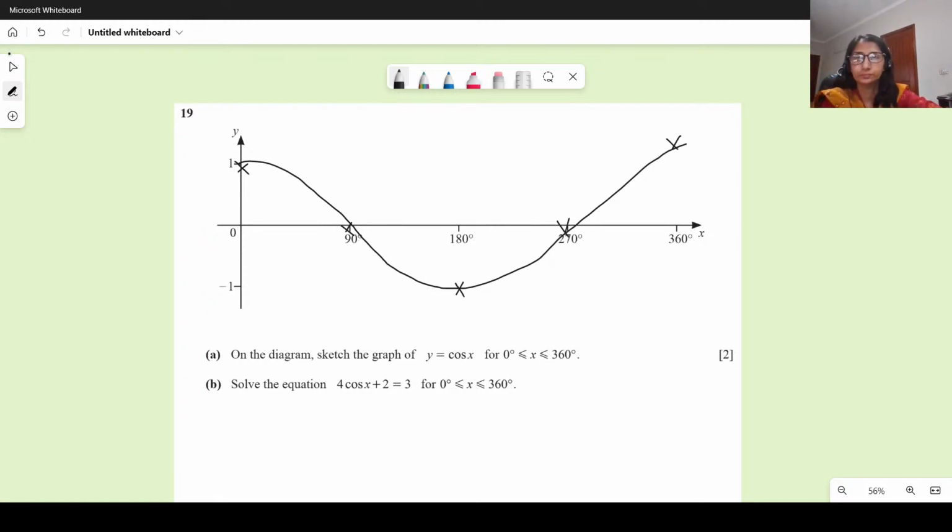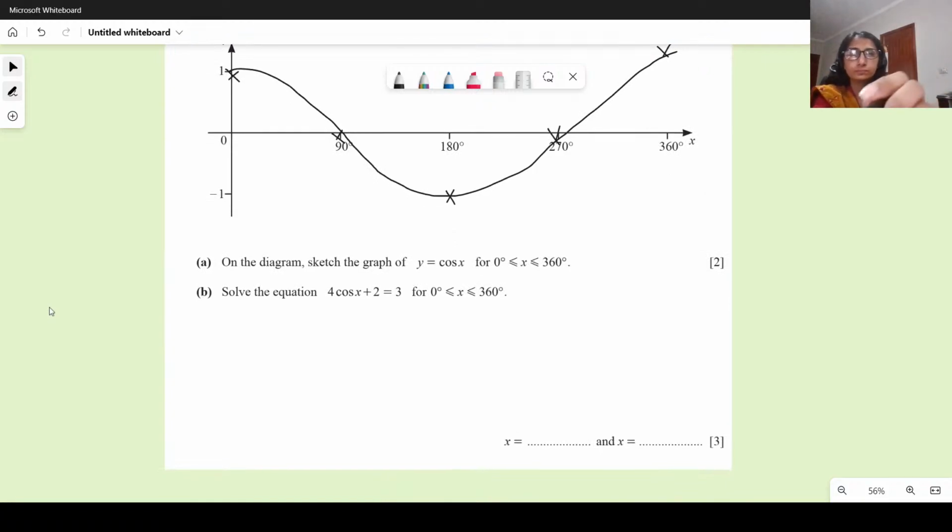Part B, solve this equation. Just a second. Okay.